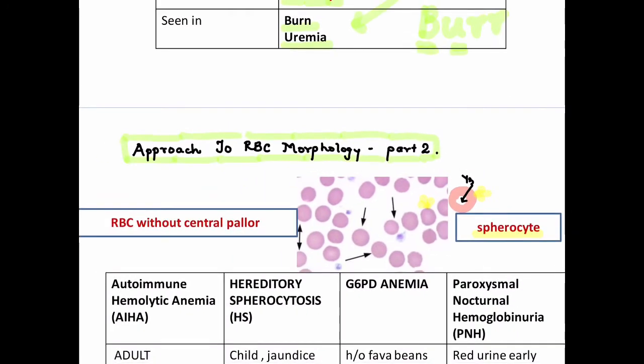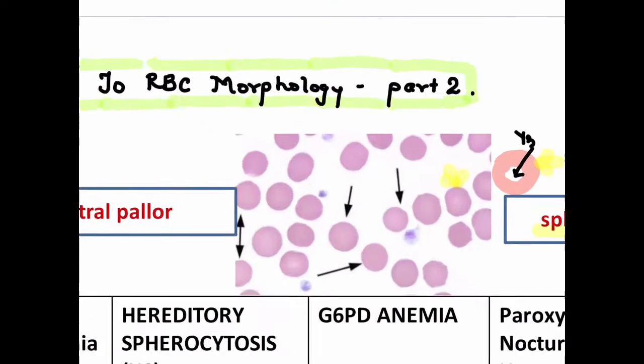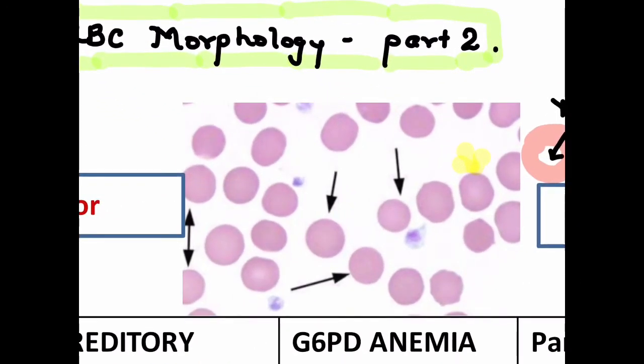Important point, RBC without central pallor is equal to spherocyte, and this peripheral smear you will have on the day of examination. Now they can ask you various questions. For example, they can ask you what is the disease the patient is suffering from, or what is the next best investigation, what is the most common cause of this situation, or what is the treatment of choice.